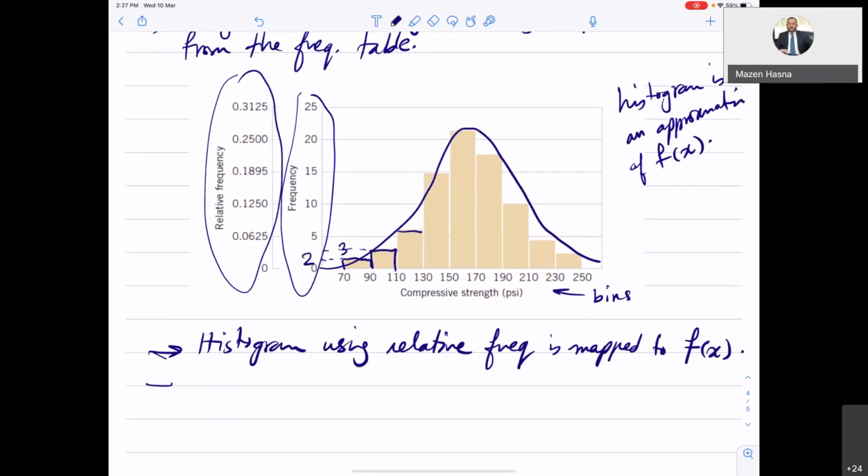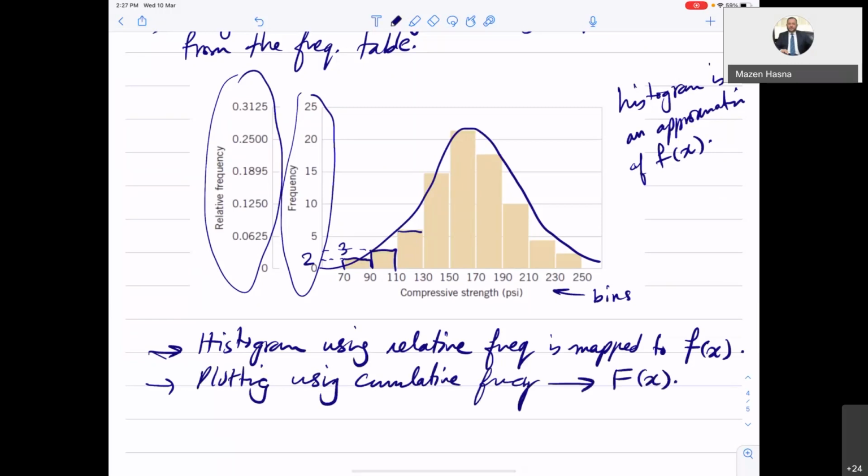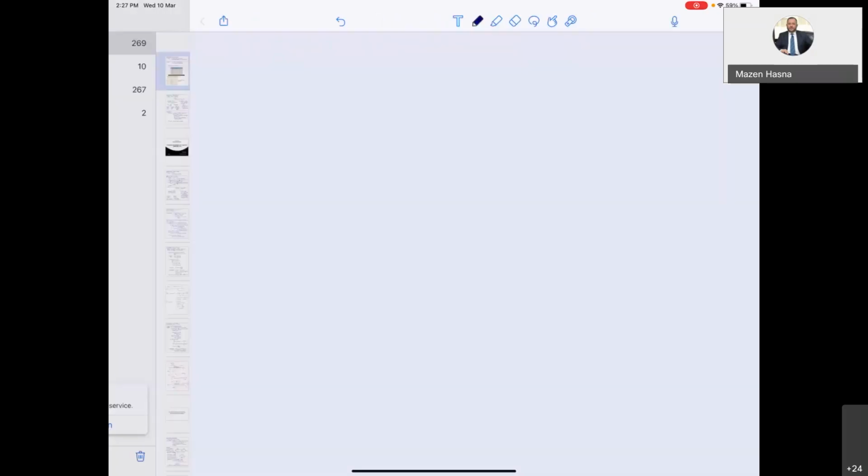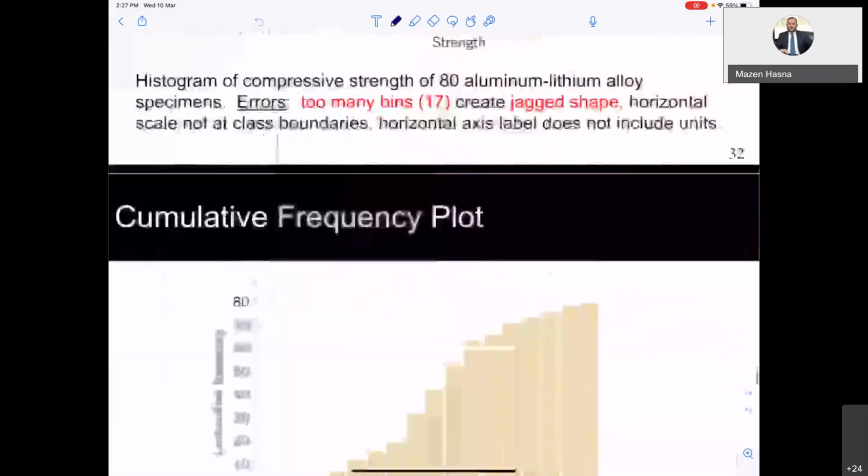And if you plot using cumulative frequency, this will give you capital F of x, and you should get something like this.